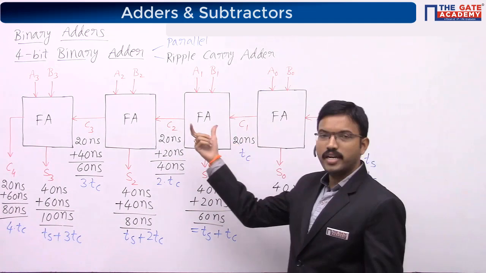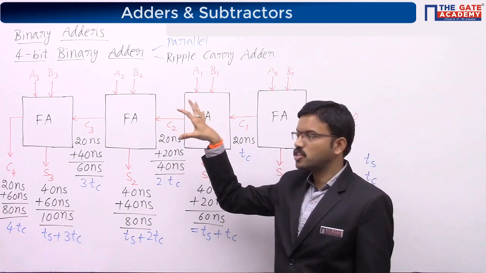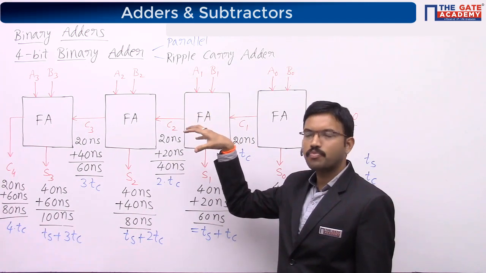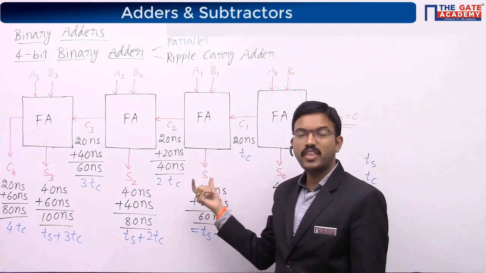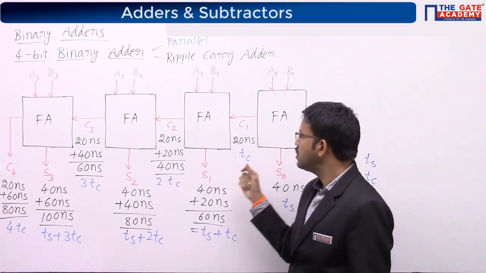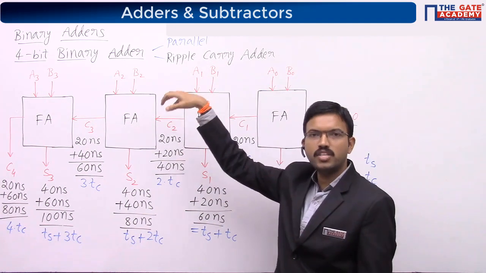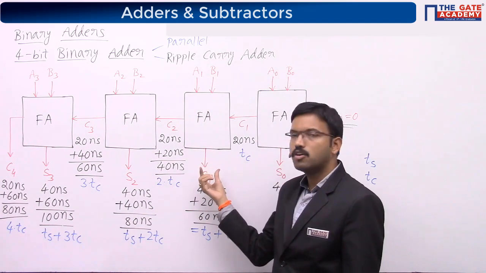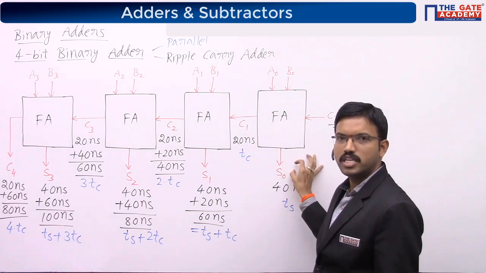See, whatever full adder circuit we have considered, all those are combinational circuits. Combinational circuit means you have logic gates. The moment you give the inputs, you will get some particular output. That may be valid or may not be valid based upon the case you are considering. Otherwise, the moment you give the inputs, you will get the output based on the delay, whatever amount of time it takes.